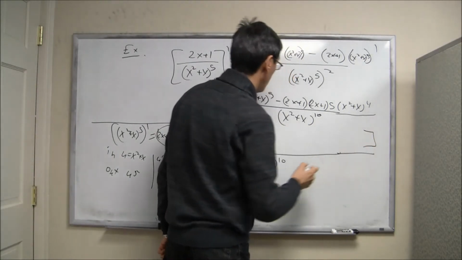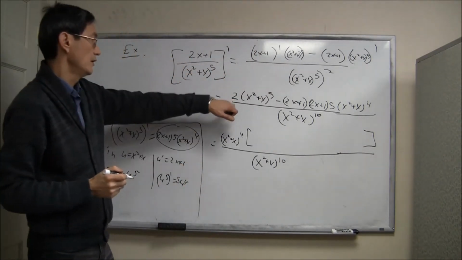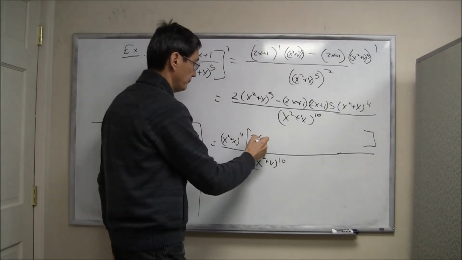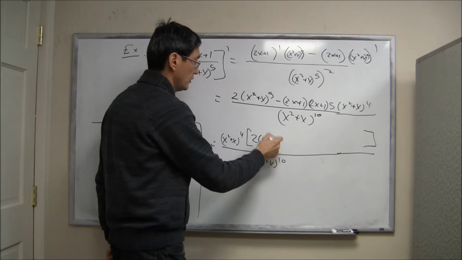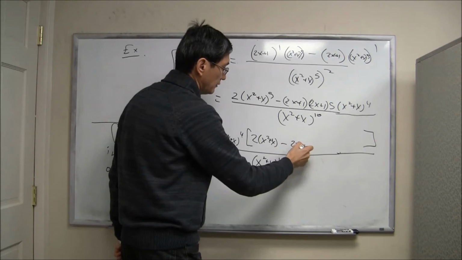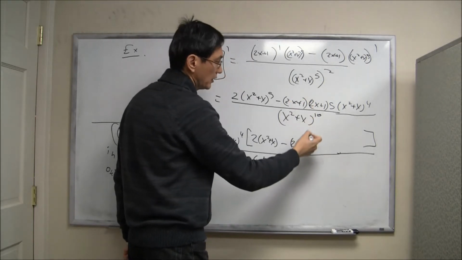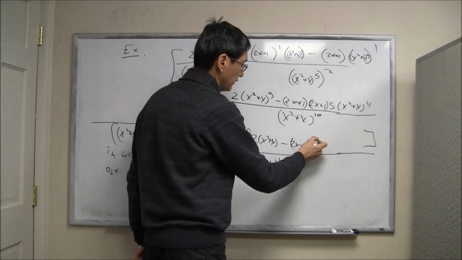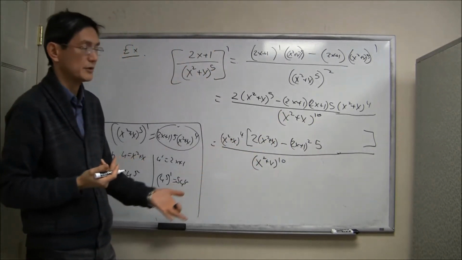And what is left will be, out of the first one, 2, x squared plus x to the first power minus 2x plus 1, and 2x plus 1 is 2x plus 1 squared, and 5 left. Okay, so that's the expression which is left.